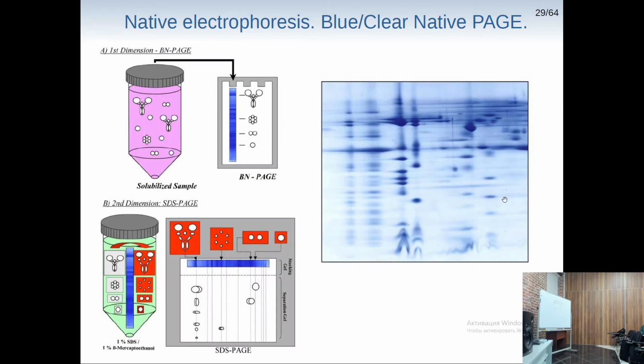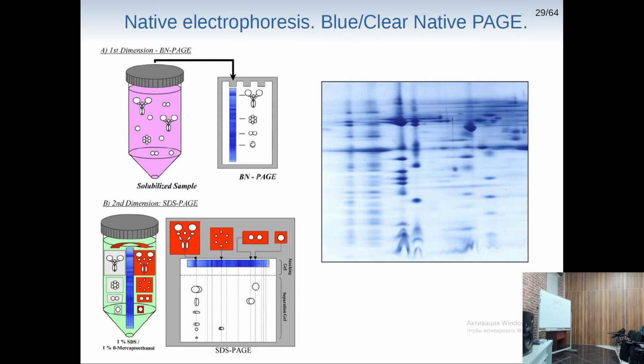So, how will this kind of electrophoresis look? Let's say that we have some complexes of our proteins here, and we do this blue native PAGE, which is our protein with some Coomassie blue, used for electrophoresis. We'll have those not quite resolved bands here, which represent different complexes.